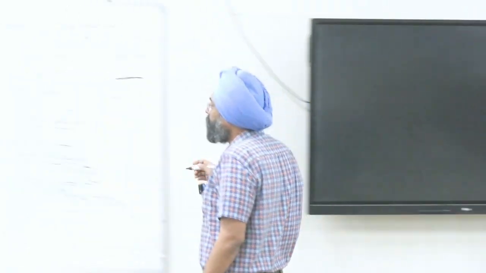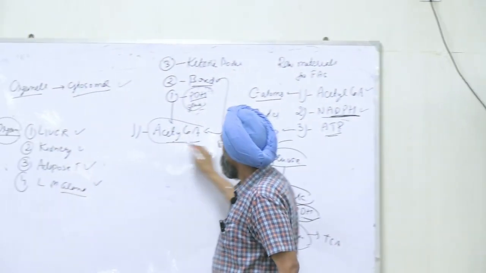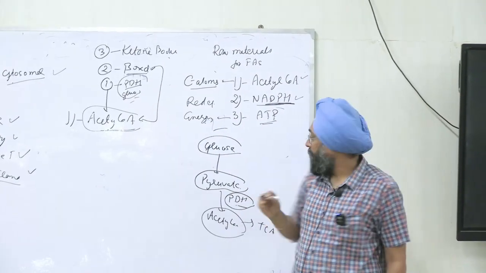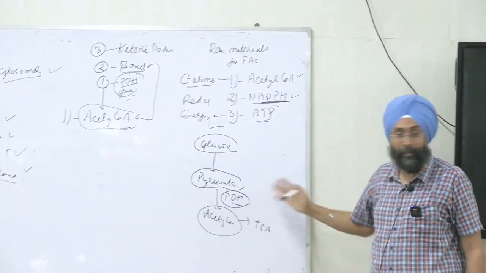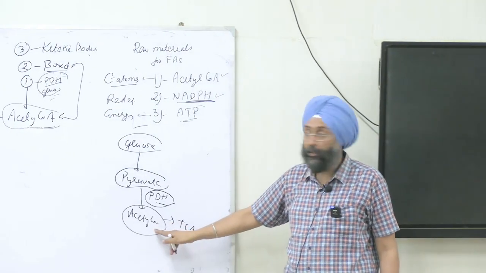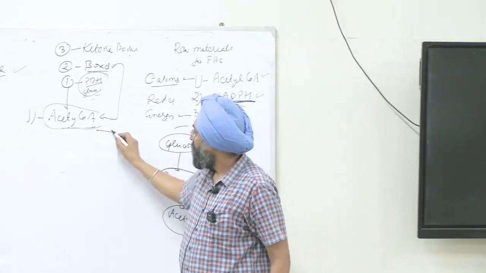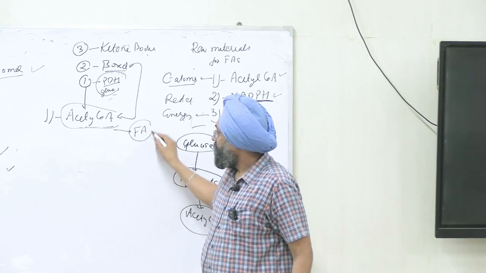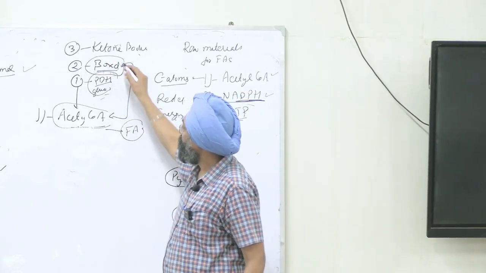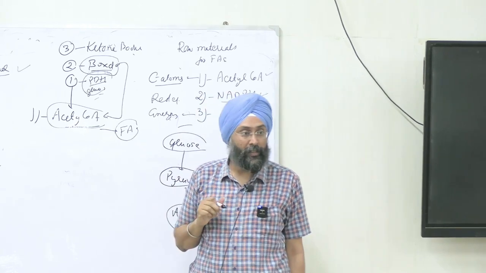So there are three sources of acetyl CoA. One is from glucose, you will form pyruvate via glycolysis. Pyruvate is converted to acetyl CoA via pyruvate dehydrogenase complex, from where it can enter the TCA cycle as well. But this acetyl CoA can also be used for synthesis of fatty acids. Clear? Second source was beta oxidation, from where you can get acetyl CoA, right?